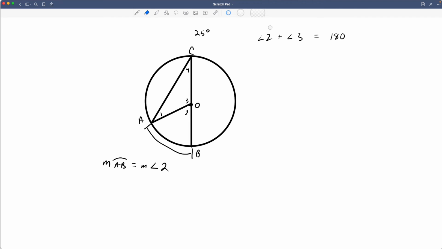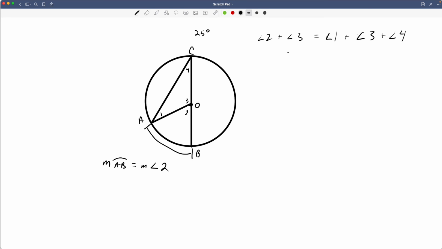But we also know that the interior measure of a triangle is going to be 180 degrees. So what that means is that the measure of angle 1 plus the measure of angle 3 plus the measure of angle 4 is going to equal the same thing that 2 and 3 add up to equal.